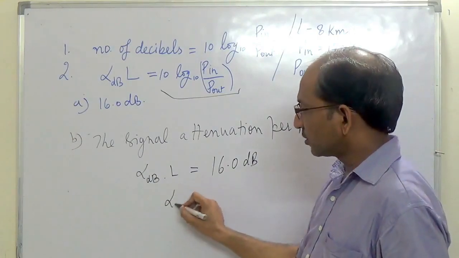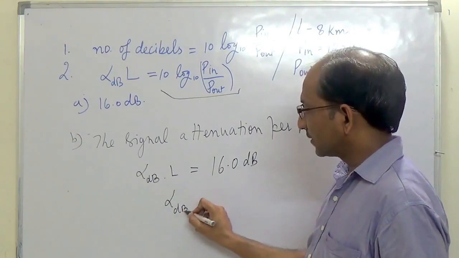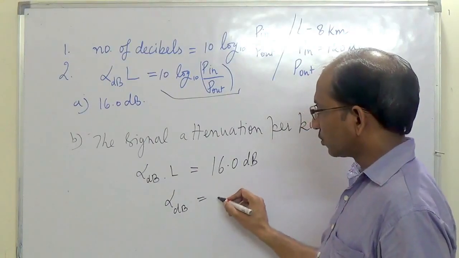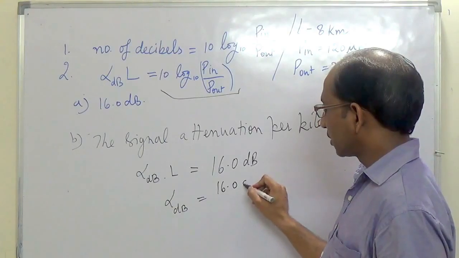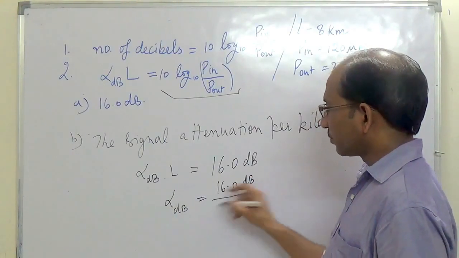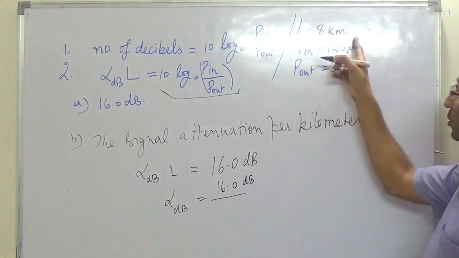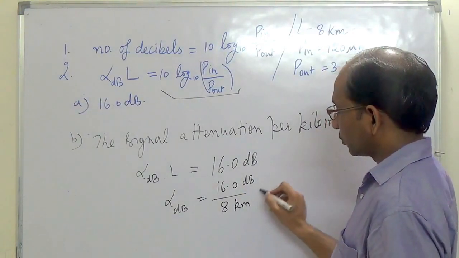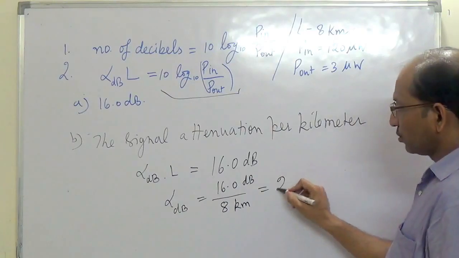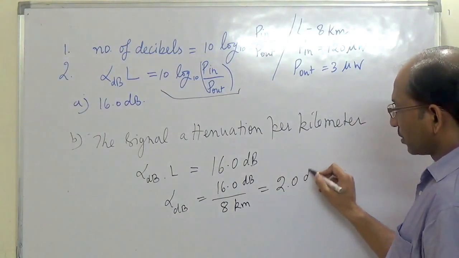So alpha dB is equal to 16 decibel upon length, 8 km. So this is equal to 2 decibel per kilometer.